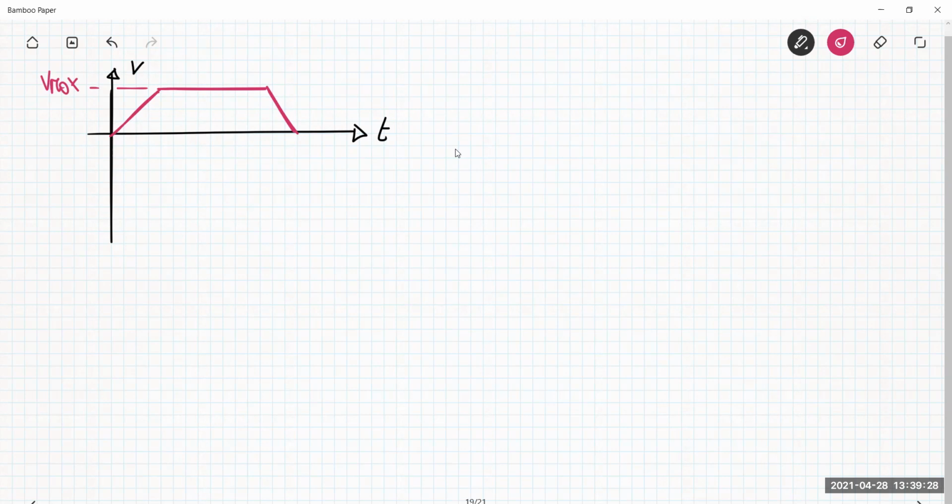So here there is a first phase, let me call this A, in which you are linearly increasing the voltage. Why do I need this slope here? Because here the dV over dt must be limited.